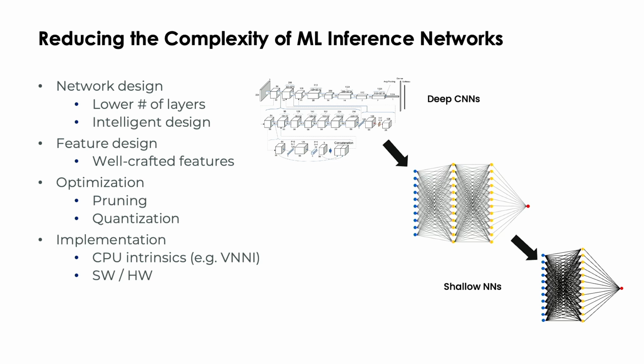Then there are also steps like pruning and quantization, integer approximations and so on, that will help you get the complexity down. And then in the final implementation, you have recent CPU instruction sets that you can use, VNNI or similar. You could use hardware if you want, but in our implementation, typically, we would go for pure software implementations.